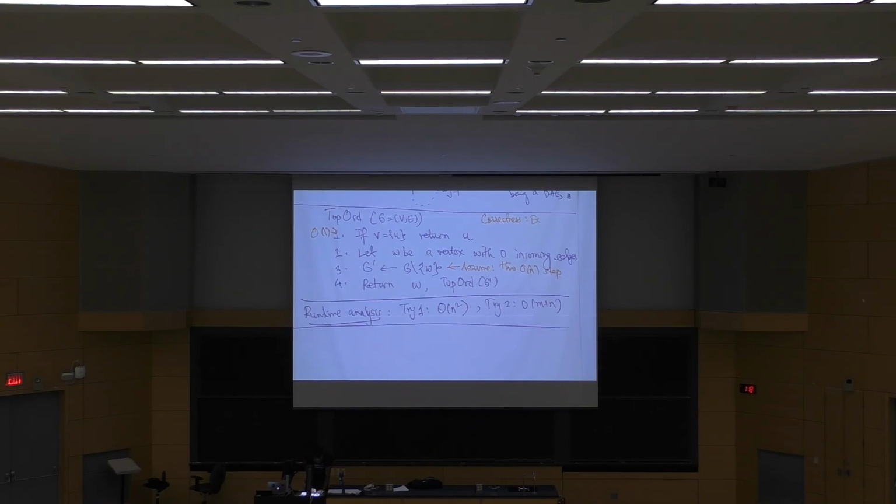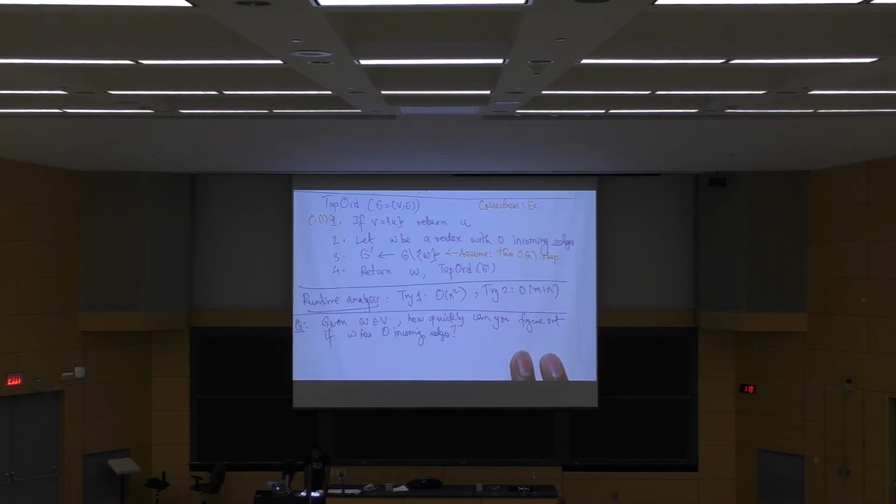So the more specific question is, given a vertex W in V, how quickly can you figure out if W has 0 incoming edges?